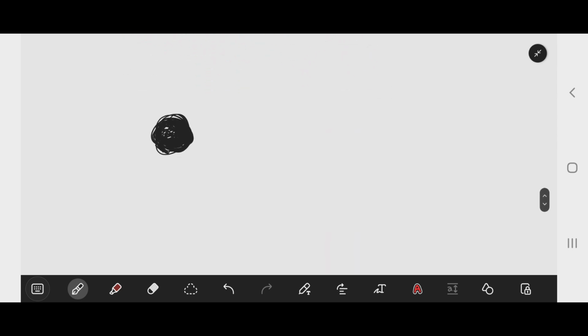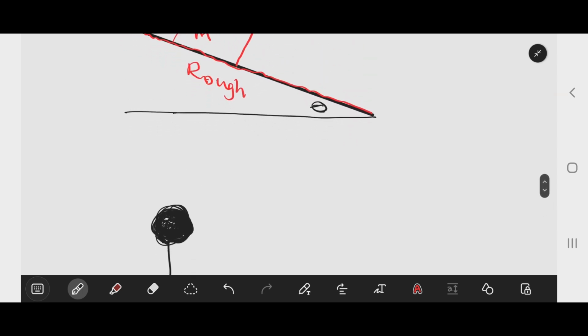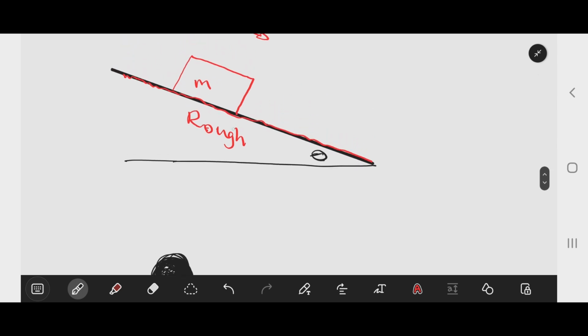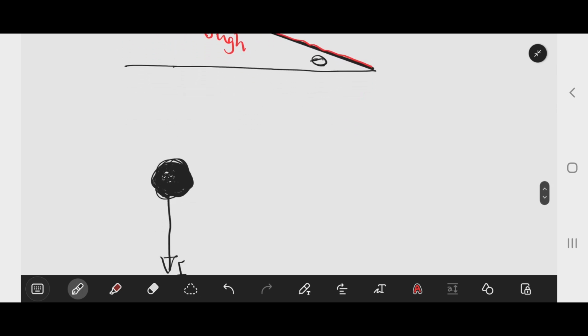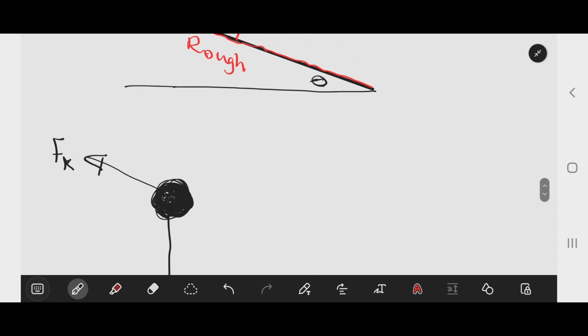So we have Fg, which is acting downwards, okay, and since the object is sliding down the incline on a rough surface, it means we have Fk acting up the incline.